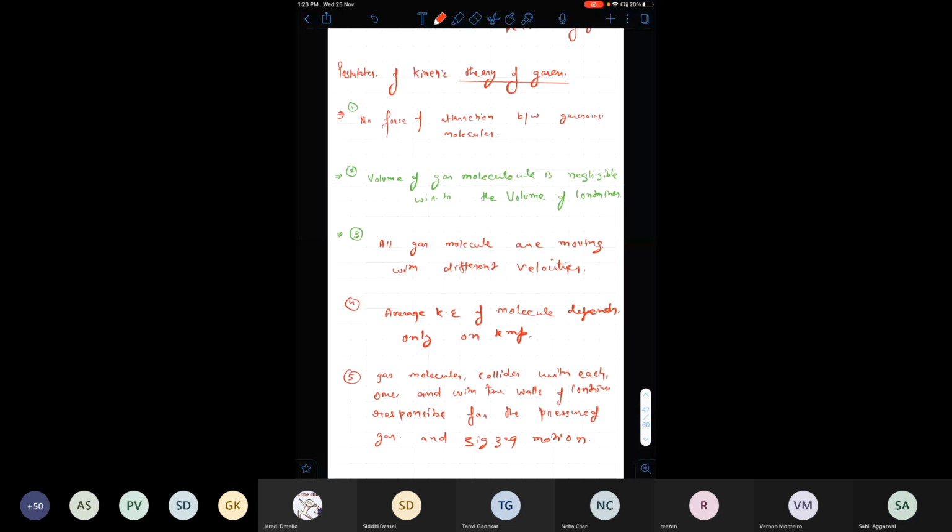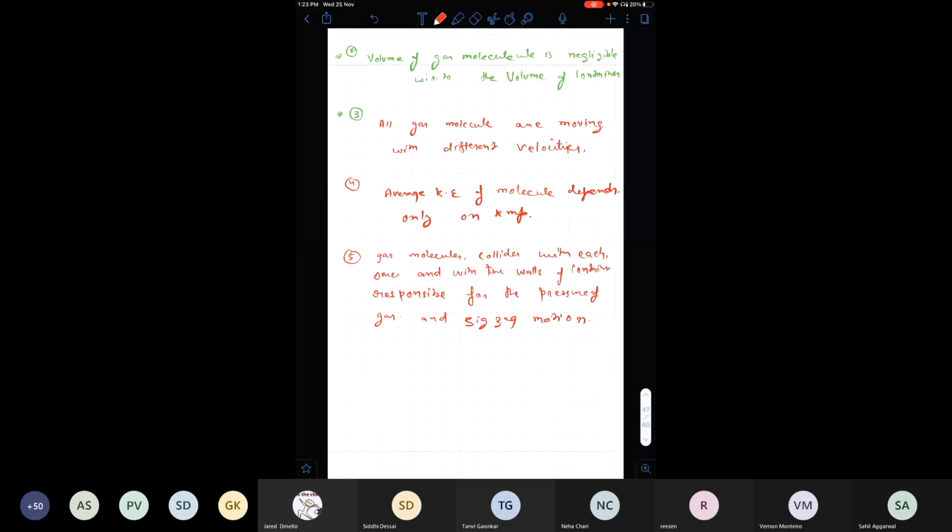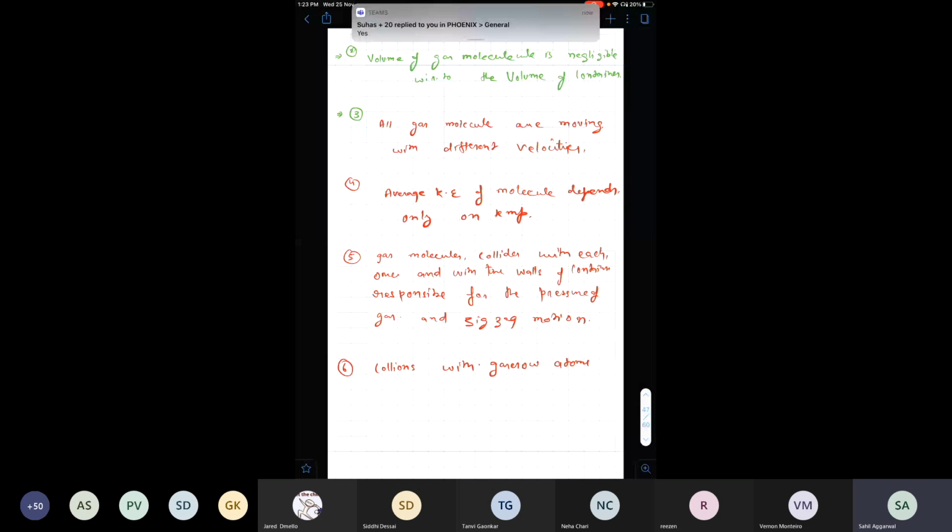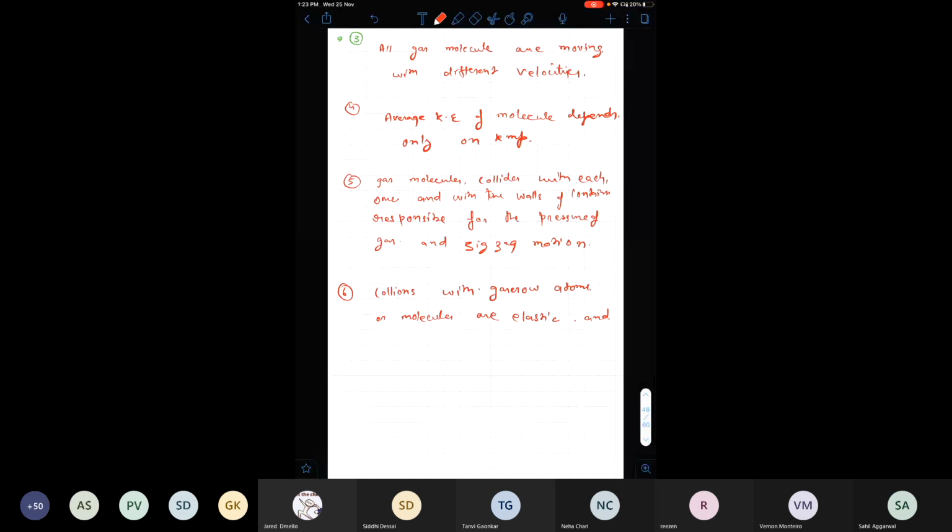Done. Collisions between gaseous atoms or molecules are elastic, and between two collisions, particles move in a straight line.